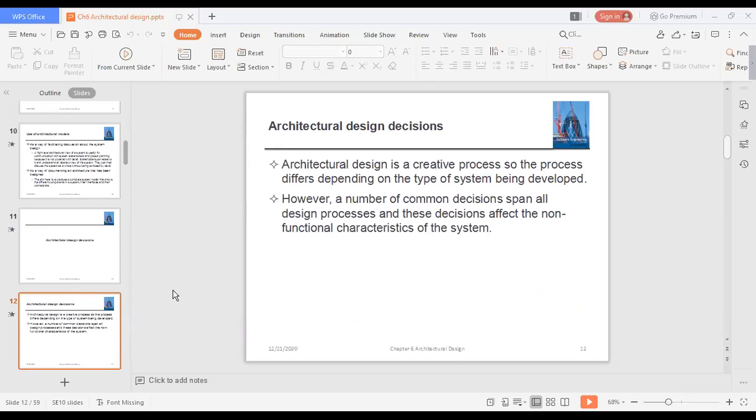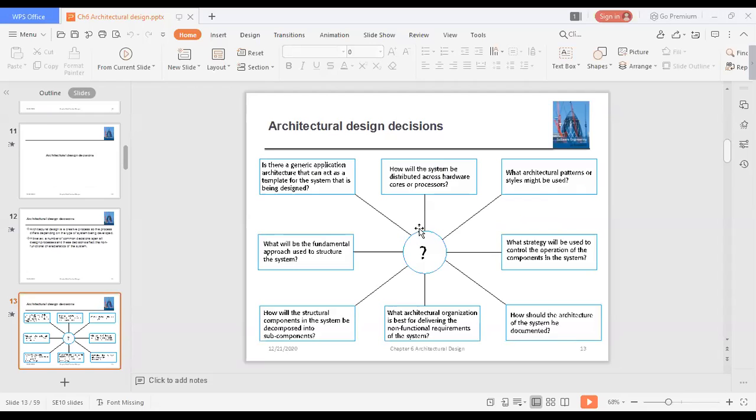What architectural patterns or styles might be used? What strategy will be used to control the operation of components in the system? How should the architecture of the system be documented? What architectural organization is best for delivering the non-functional requirements of the system?